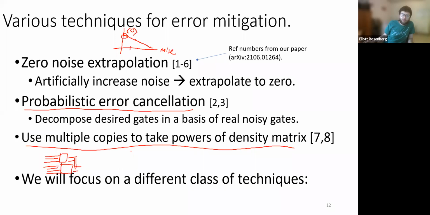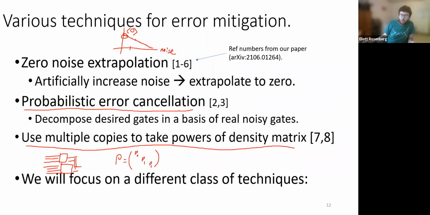And the idea is that if you write rho in the basis in which it's diagonal, then these are the different probabilities of the different pure states in that ensemble, etc. And the state with the highest probability should be the ideal state that's like the outcome of the circuit that you want. And so if you take powers of rho, you suppress these other states, and you make your mixture closer to the state that you want.